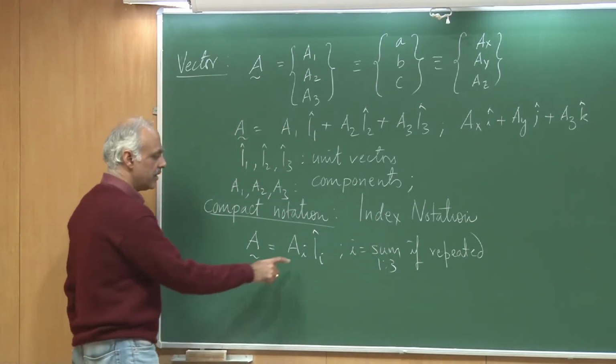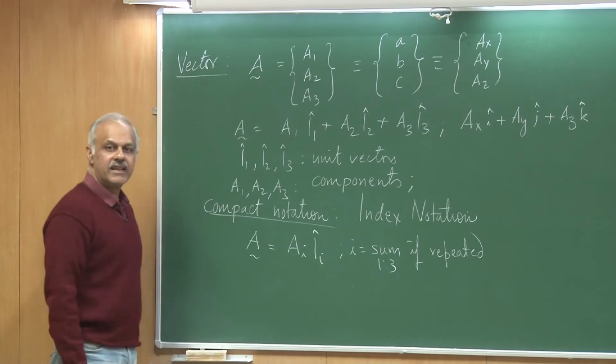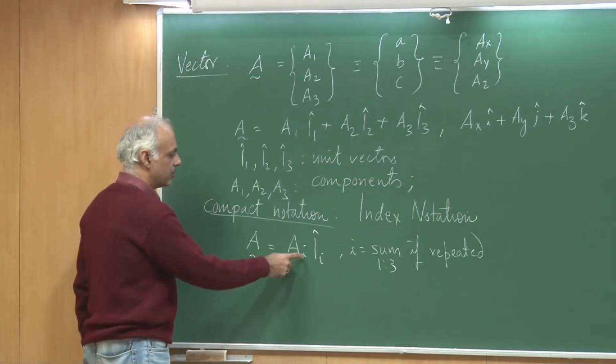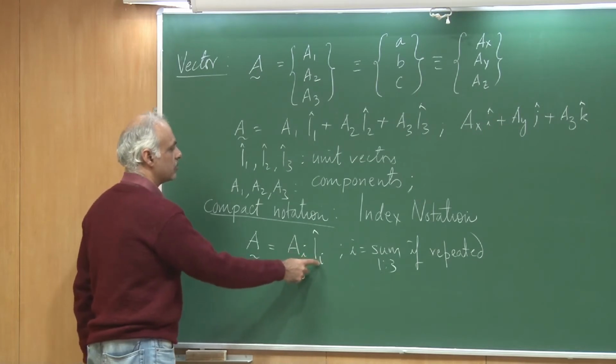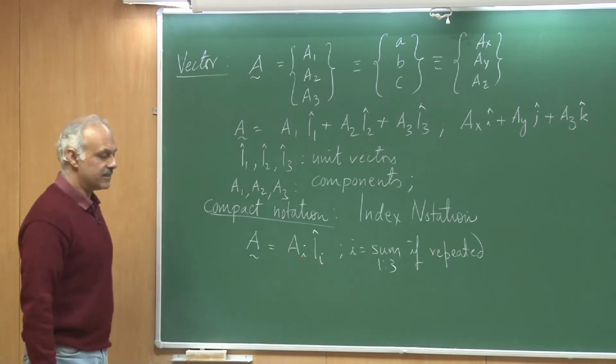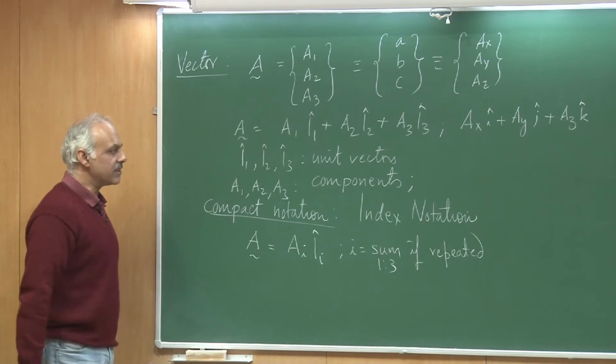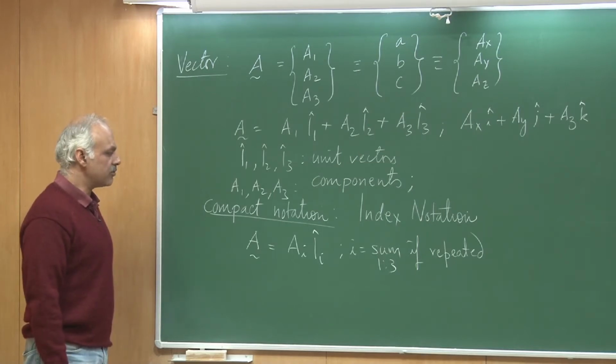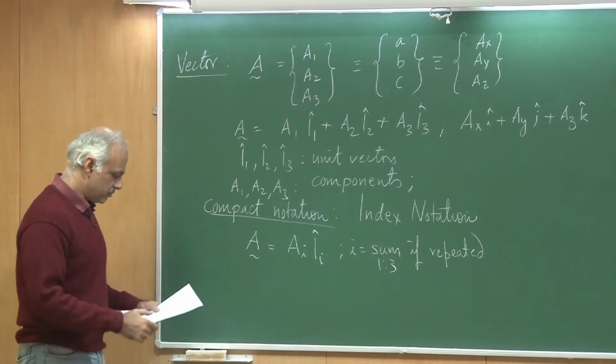So, wherever i appears as a repeated index, the idea is that I would expand it by summing it. So, A1 I1 plus A2 I2 and A3 I3. We will see as the course progresses that this is a very handy notation. Some of you may be already familiar with it, and I will say more about it when we use this.